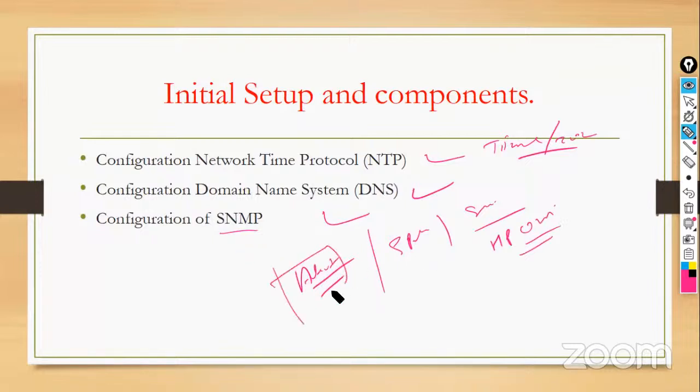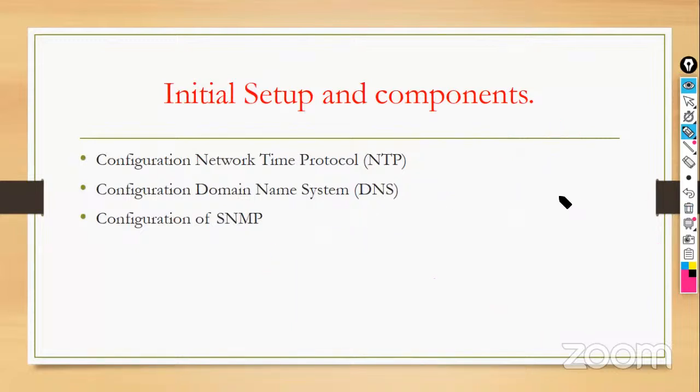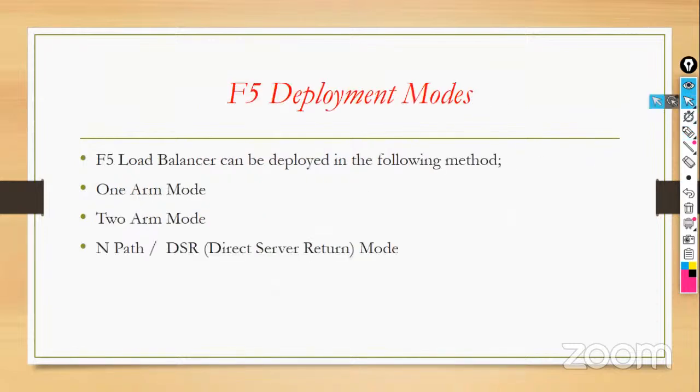So whatever alert you get on your F5, if it is a critical alert and you have the integration, your ticket will be opened and maybe you will receive an incident. If it is something informational, you will receive an email. So for this purpose, we are configuring the SNMP. Every component we need to configure.